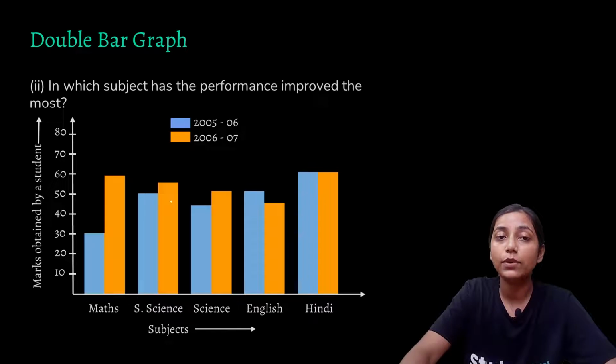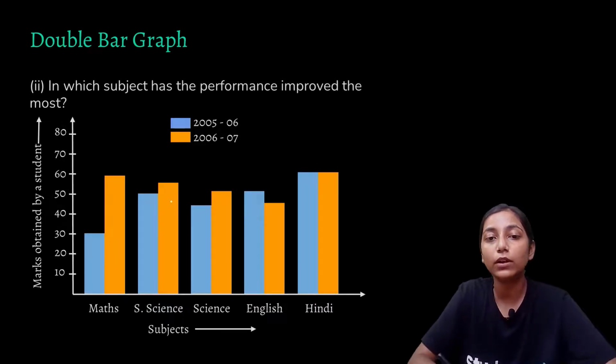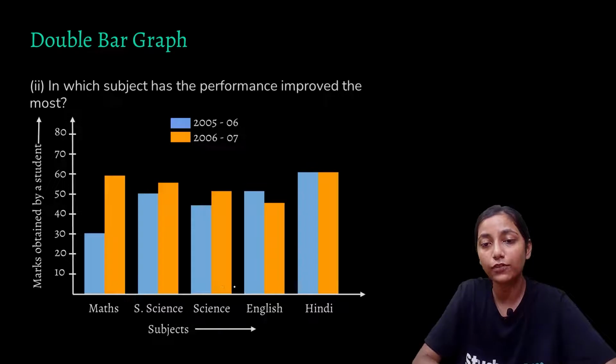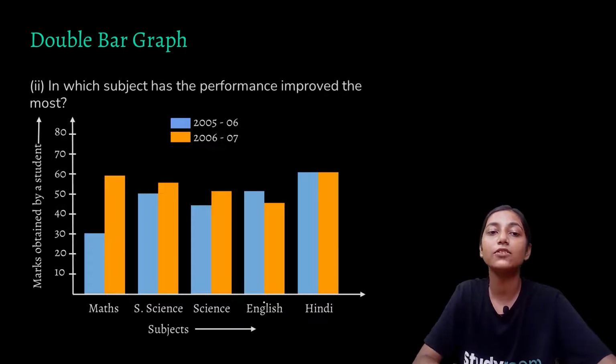Next part is, in which subject has the performance improved the most? So we need to compare both these years, and tell which of these subjects is the one in which the performance of that student has improved the most. So the difference of the heights is telling us about the improvement.